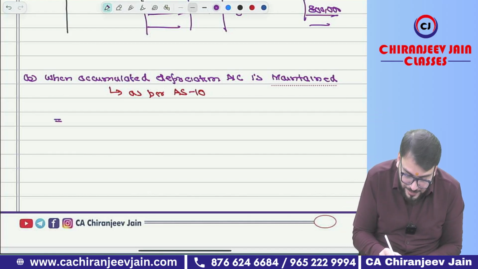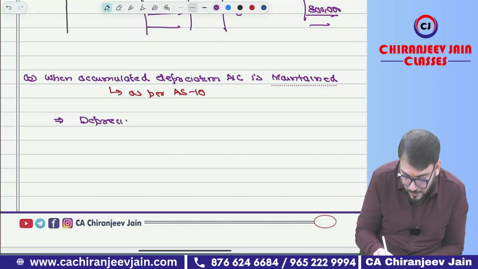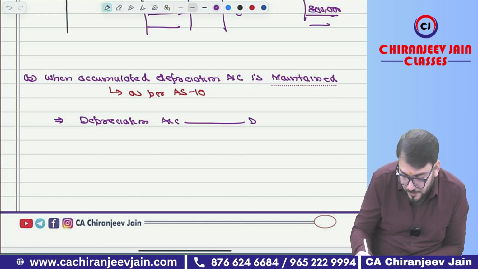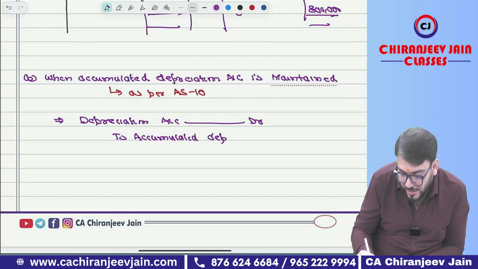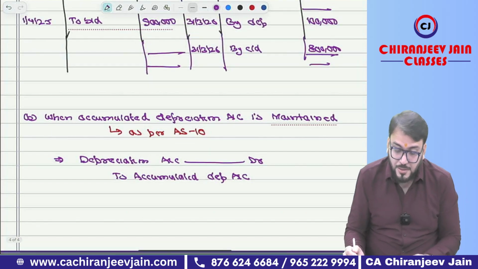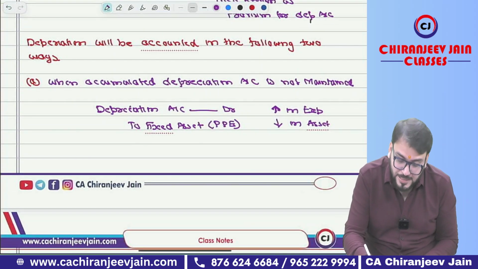So what journal entry we are doing? Depreciation account debit to accumulated depreciation account. Correct.